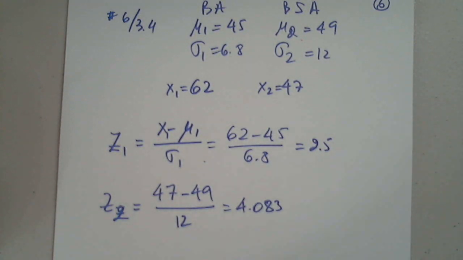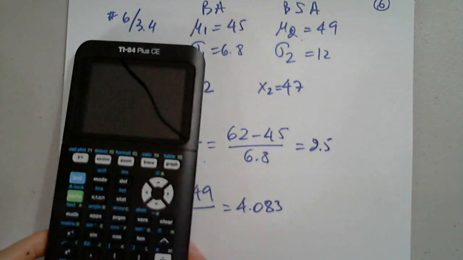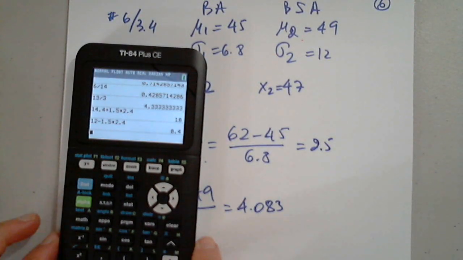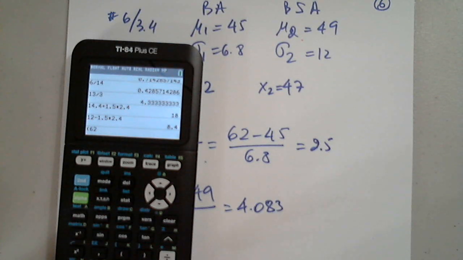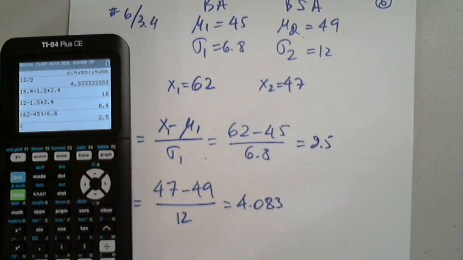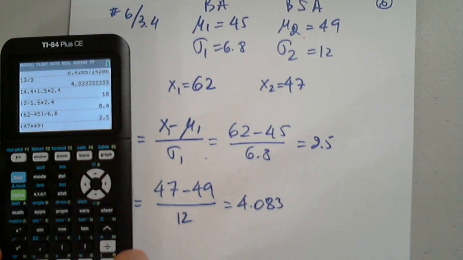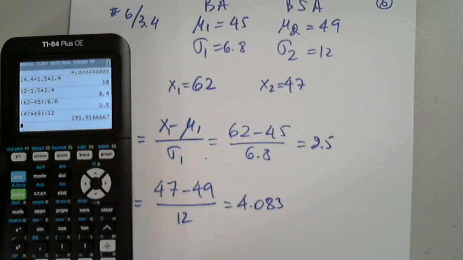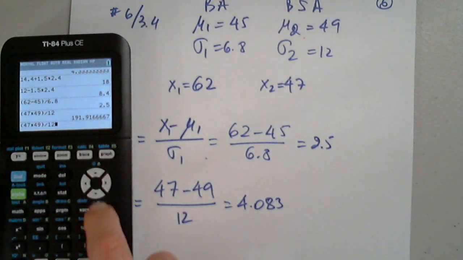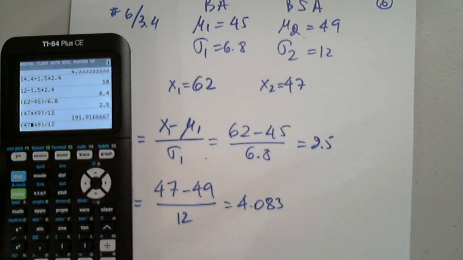Okay. So that last one, yes. If you don't put parentheses, 62 minus 45, close the parenthesis and divide by 6.8. That's correct. If you don't put parentheses, divided by 12. Negative 8.17. The last one, I think.